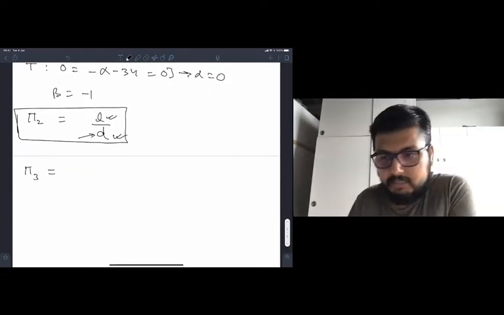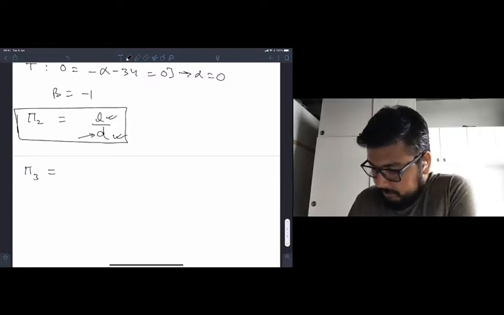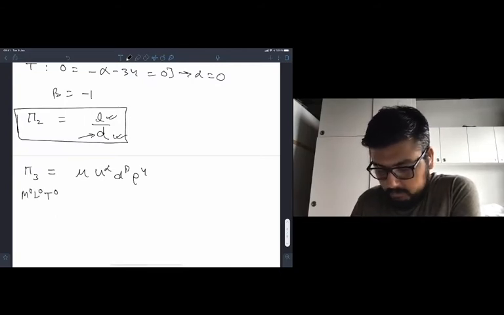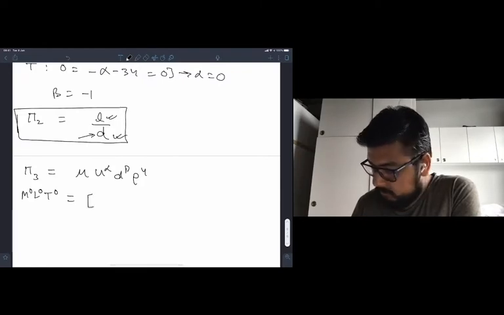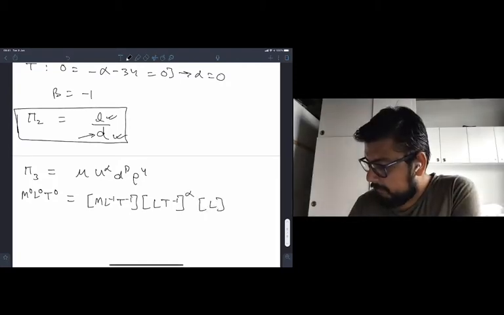Now we have the last dimensionless number, that is the pi3 dimensionless group. That will be mu u^alpha d^beta rho^gamma. So again, we have M0, L0, T0. For this, viscosity will be mass per unit length per unit time. Velocity is just length per unit time again. Diameter is of course length, and density is mass per unit length cubed.